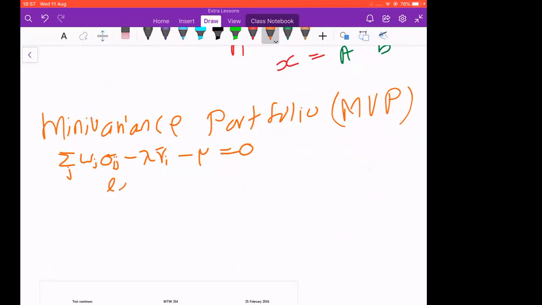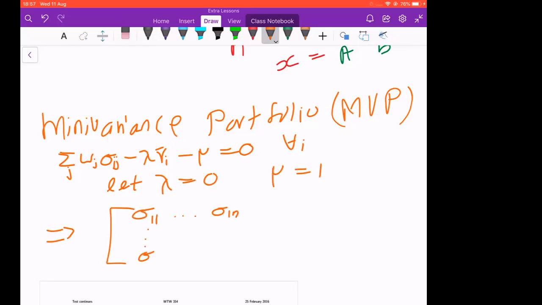You are going to let lambda equal 0 and mu equal 1 for all assets. In this case, your equation is going to look like this: sigma 11 all the way to sigma 1n, all the way to sigma n1, all the way to sigma nn. So basically this is your covariance matrix.